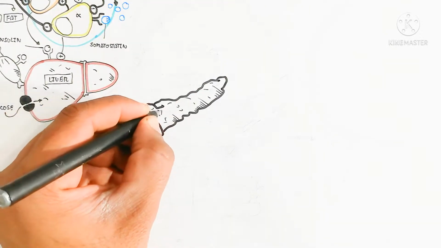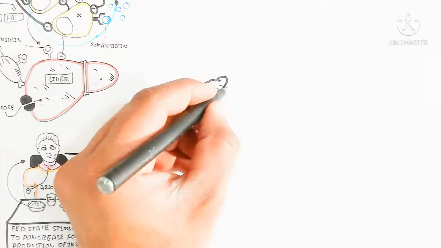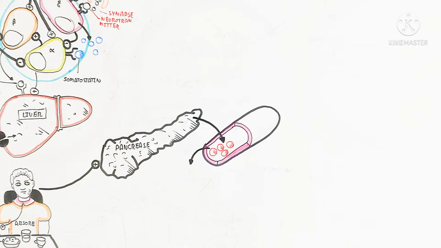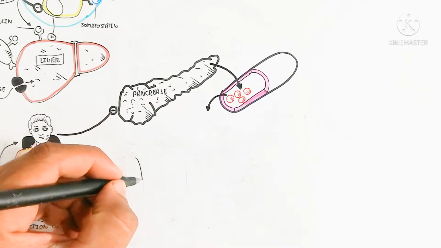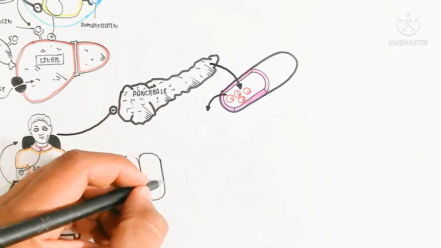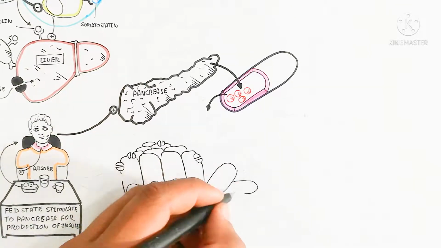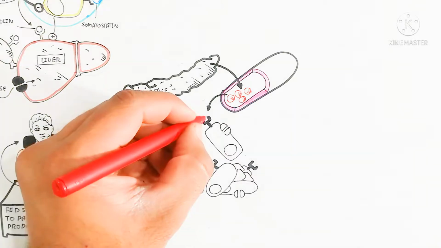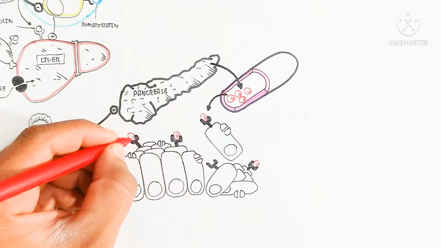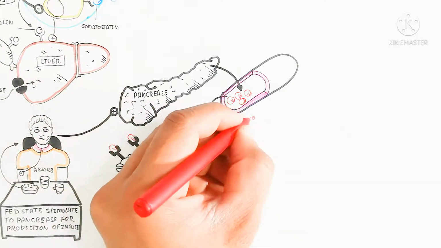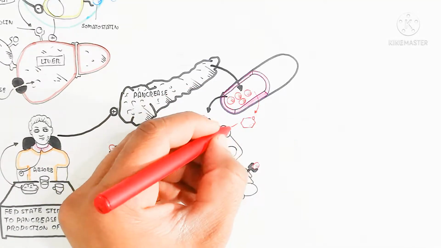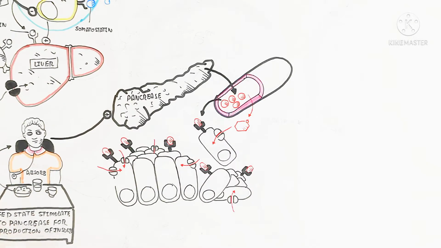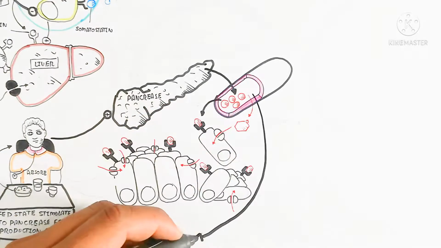After that, hyperglycemia will occur, and the pancreas produces insulin into the blood circulatory system. The insulin will bind with insulin receptors on different tissues where glucose is required, so insulin targets the tissue where the requirement of glucose is more.